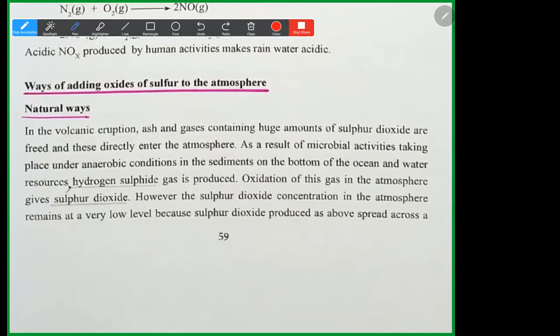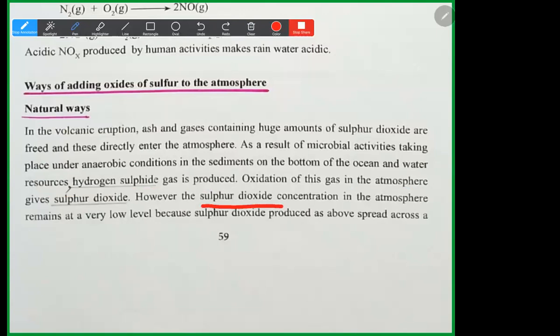As a result of microbial activities under anaerobic conditions in the sediments at the bottom of the ocean and water resources, hydrogen sulfide gas is produced. Oxidation of this gas in the atmosphere gives sulfur dioxide. So initially H2S is oxidized to make SO2.